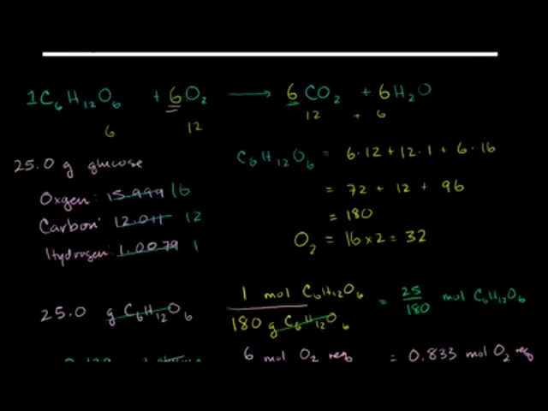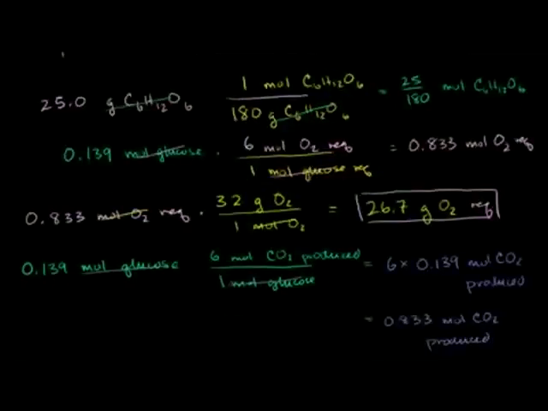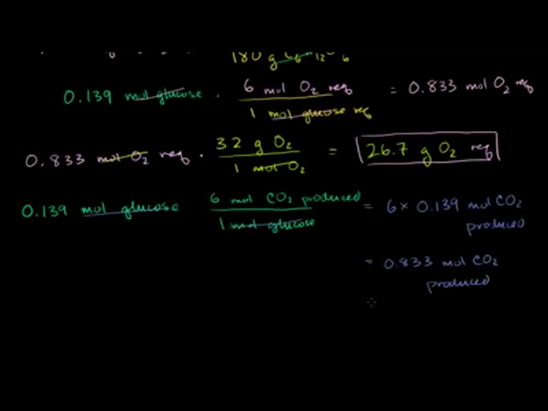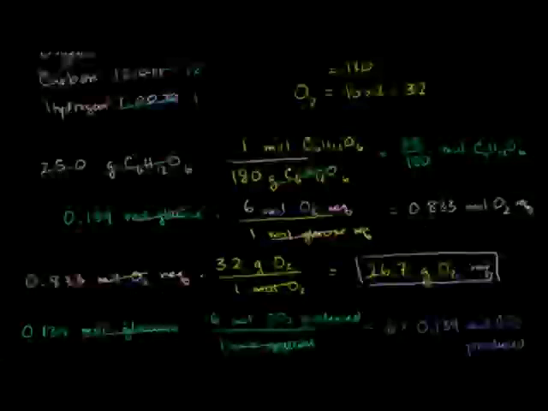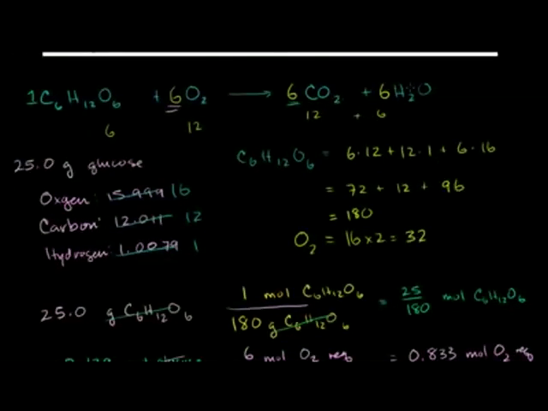For every mole of this used, you have a mole of that produced, or every 6 of this, you have 6 of that, 6 of that. So by the very same logic, you could do this again with the water, you're also going to have 0.833 moles of water produced. Right? For every mole of carbon dioxide, you have a mole of water. Here it's 6 for 6, but it's a 1-to-1 ratio. You could think about it like that.